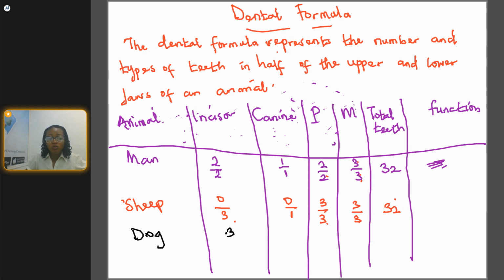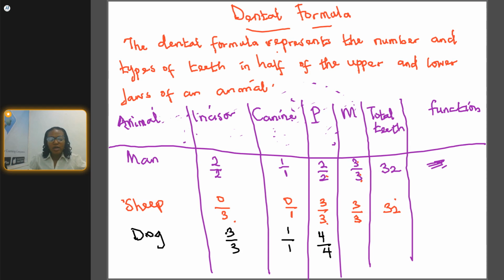All right, so for dog, we have 3/3 for incisor, which means you have 3 incisors at the upper jaw and you have 3 incisors at the lower jaw. And for canine, you have 1/1, which means you have one canine at the upper jaw and one canine at the lower jaw. And for premolar, you have 4/4, which means you have 4 premolars at the half upper jaw and 4 premolars at the half lower jaw.